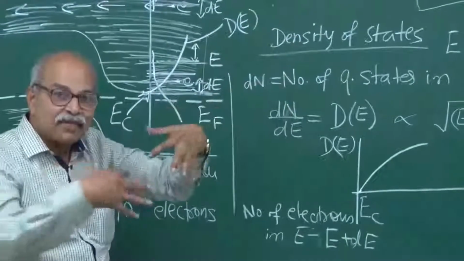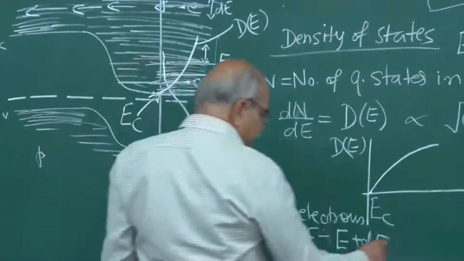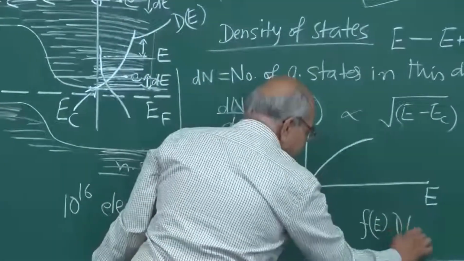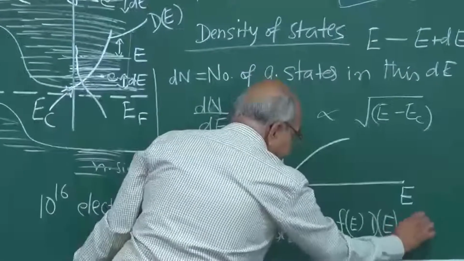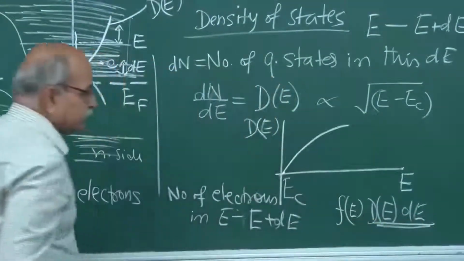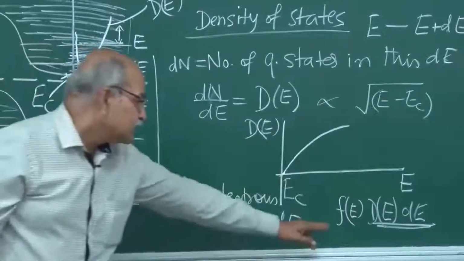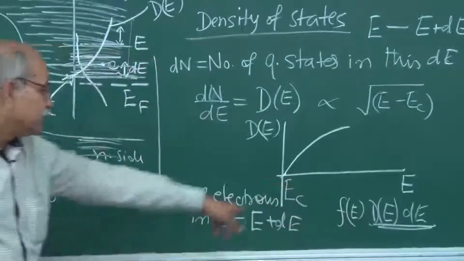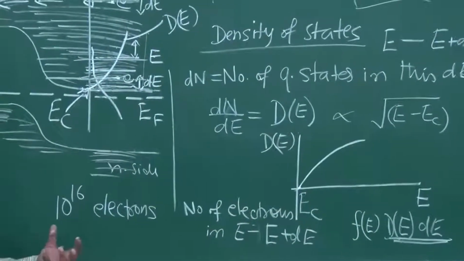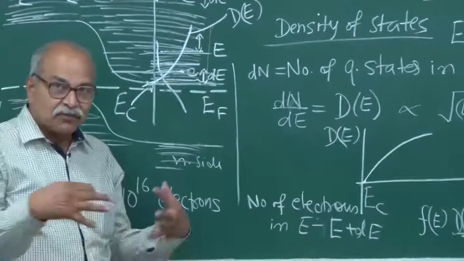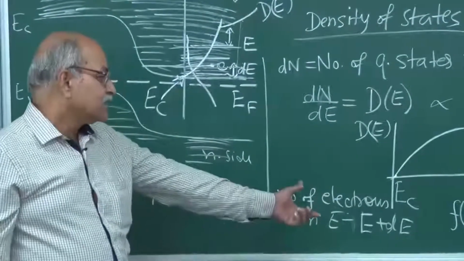So you have to multiply these, and therefore this will be F of E multiplied by D of E and then DE. Okay, D of E gives the number of quantum states in that energy range, and F of E gives the probability of each quantum state being occupied. So this will be the total number of quantum states occupied, or in other words, the total number of conduction electrons in that DE.